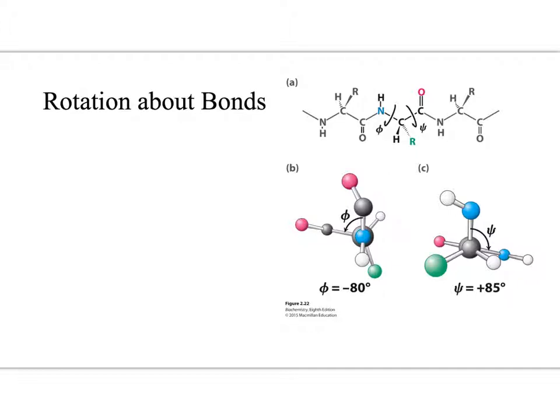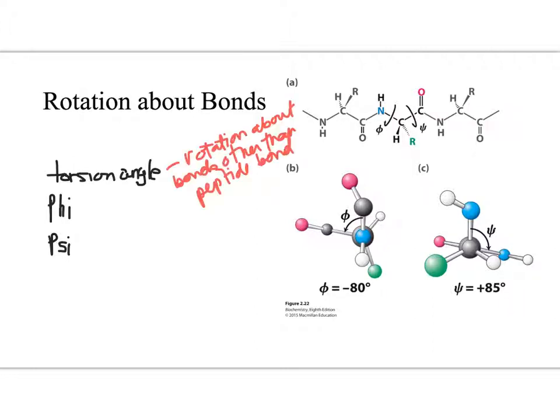So there are some key terms that are associated with bond rotation, and these terms include the torsion angle, phi, and psi. The torsion angle refers to rotation about bonds other than the peptide bond. The phi, which is represented by this symbol here, is going to describe rotation about that N to alpha carbon bond.